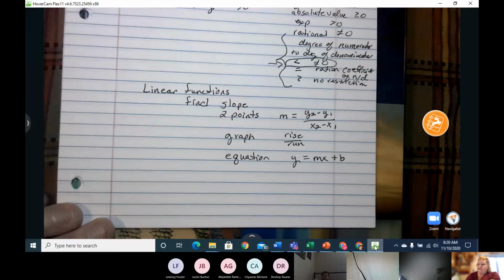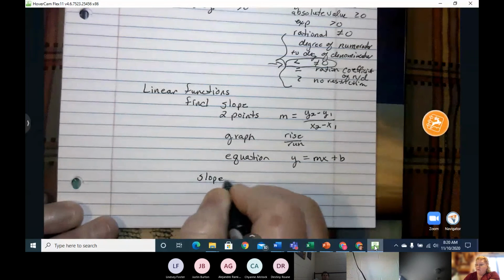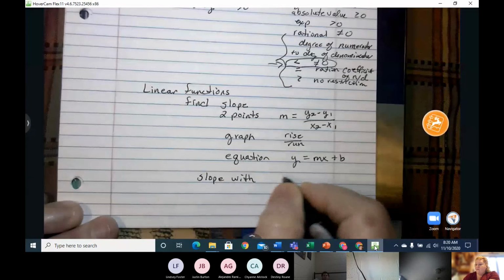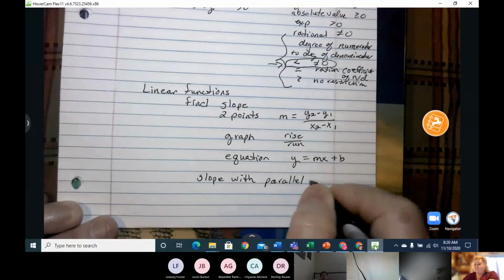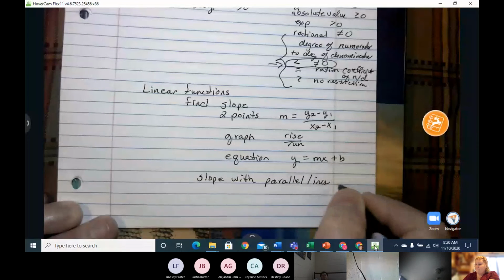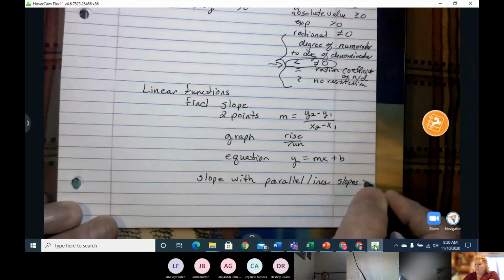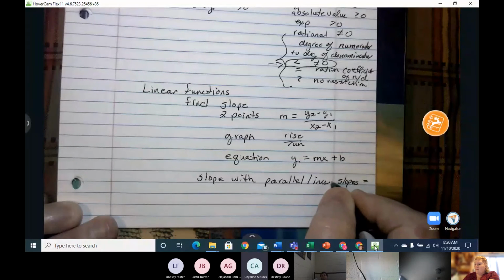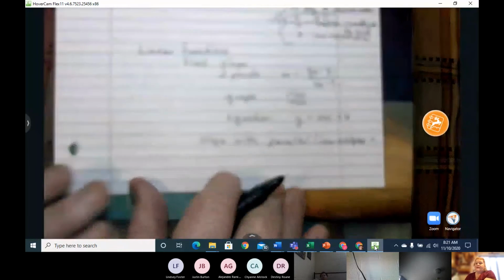The other things that you need to know about linear functions is the relationship of slope with parallel lines. When you have parallel lines, the slopes will be equal.